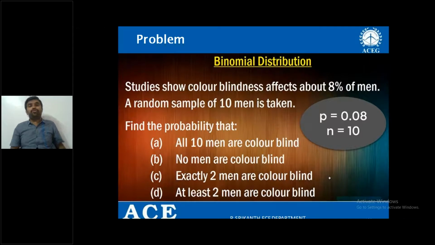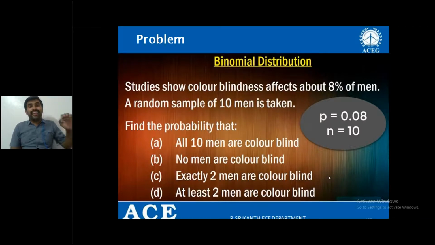And now what are you supposed to find? Find the probability that all 10 men are colorblind. Second one, no men are colorblind, that is, out of 10, none of the members are colorblind. And exactly 2 men are colorblind, out of 10, 2 men are colorblind.